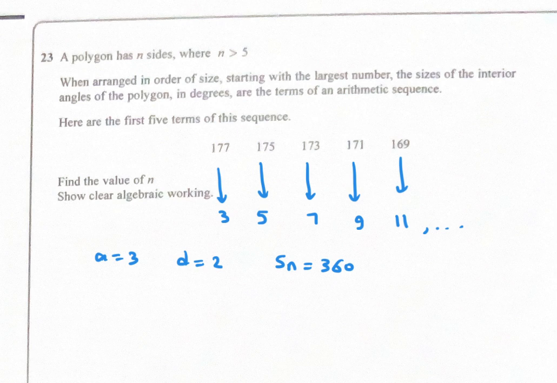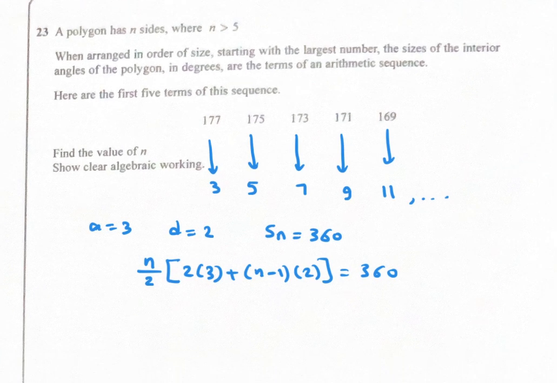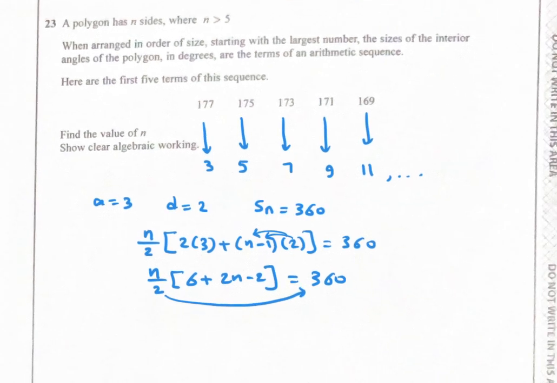Now S n equals n over 2 times 2a, so 2 times 3, plus n minus 1 times d, so times 2, equals 360. So we can solve for n. So n over 2 into 6 plus 2 times n equals 2n, and 2 times negative 1, negative 2, equals 360. You can transpose 2 to the other side and multiply.